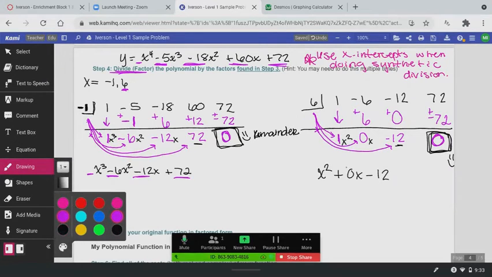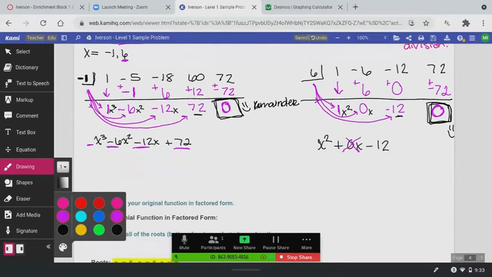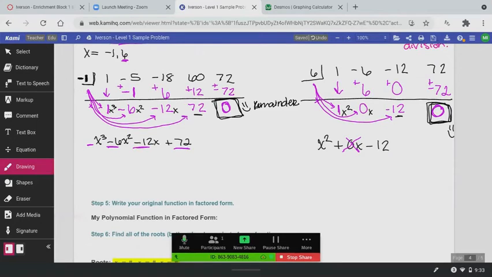Now, I don't need my 0x because it's just a placeholder, right? Any number times 0 would give me 0, so I don't even need it. So I'm going to rewrite this again as just x squared minus 12.